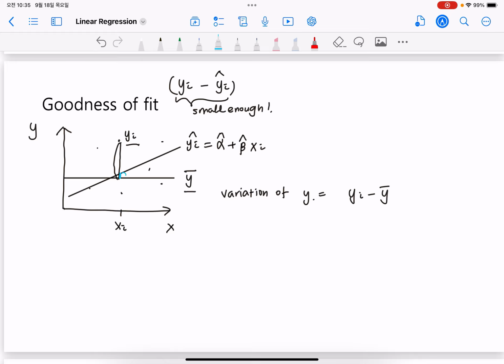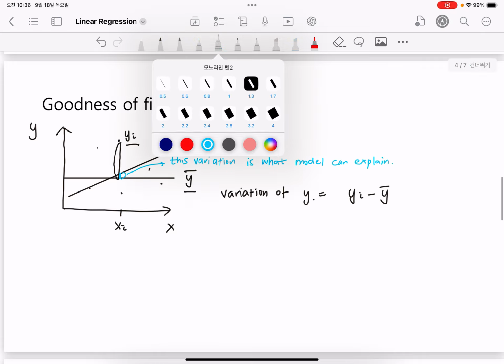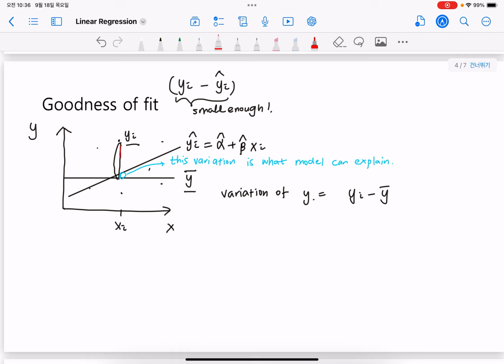Okay, this variation is what the model can explain. The model cannot explain the other part right here.